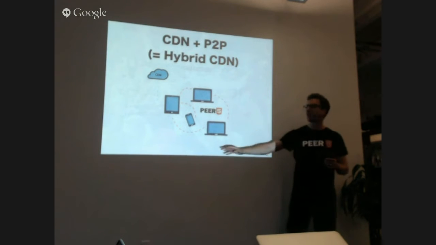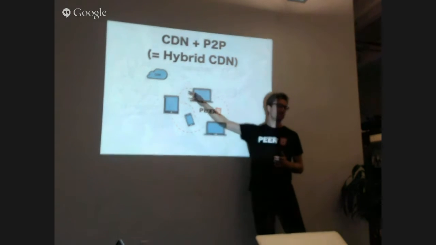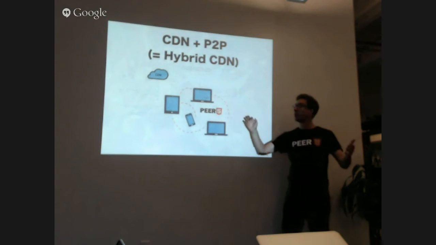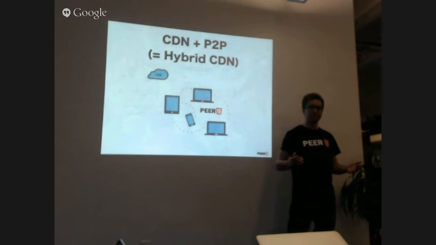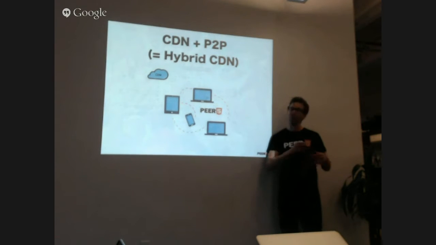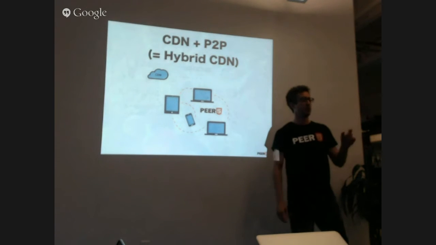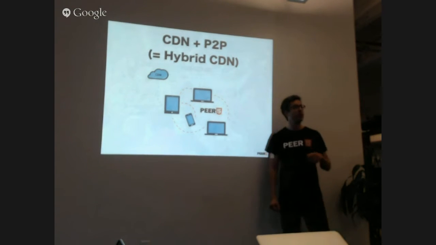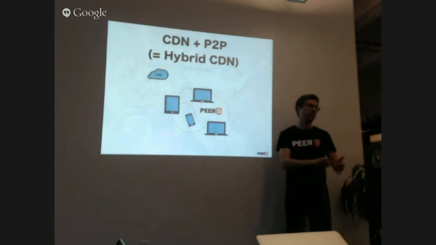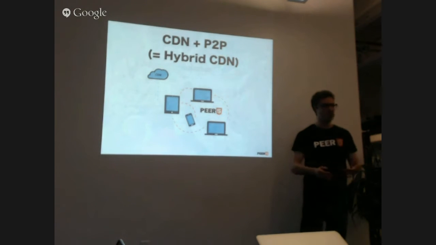But it's important to understand that the session typically begins with the CDN. If you think about live streaming or video streaming in general, the first video segments are going to be received from the server, and then we're going to switch to peers if we can.